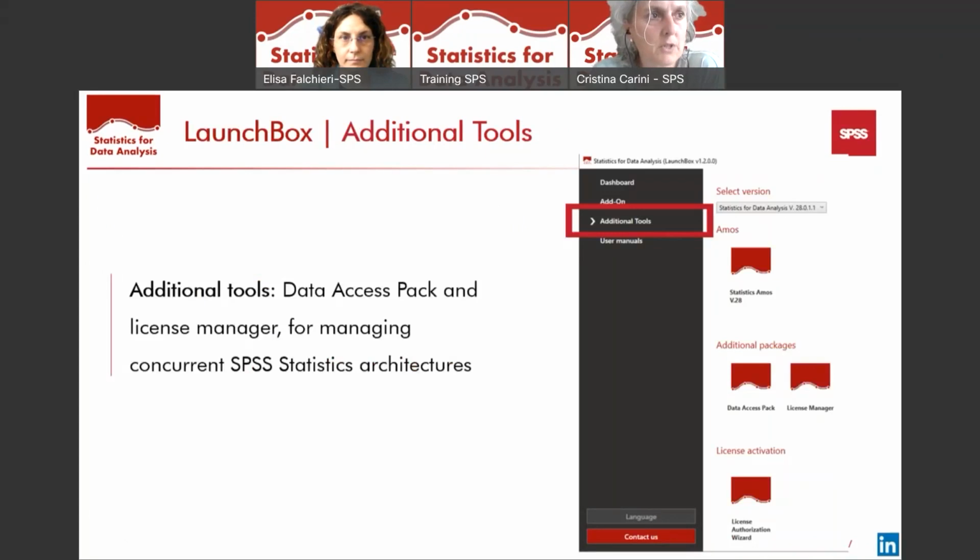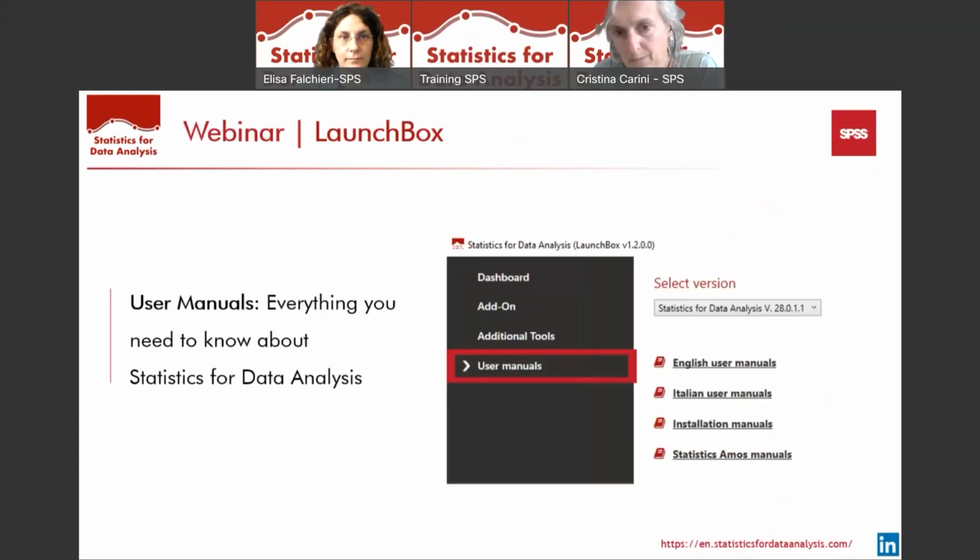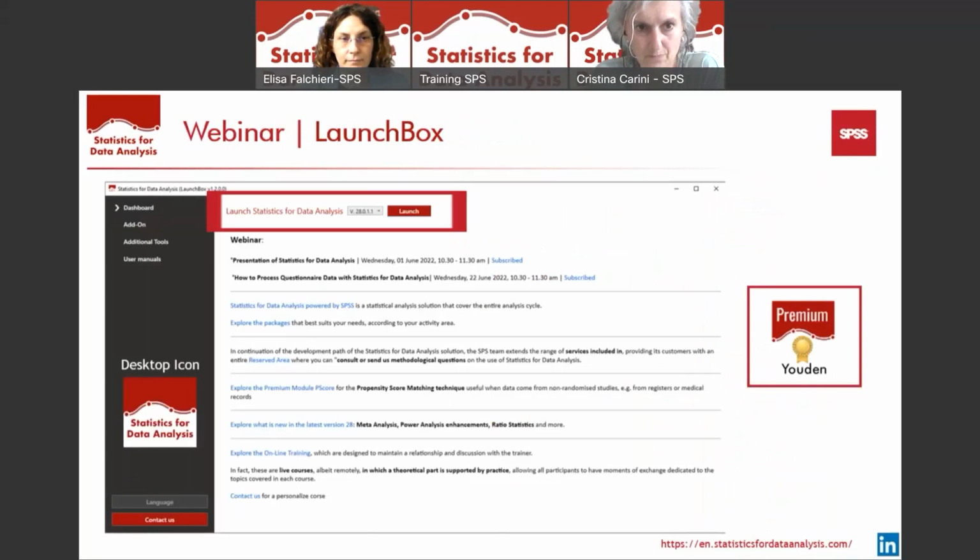From the LaunchBox, you find some additional tools, such as the Data Access Pack and License Manager for managing the concurrent architecture of SPSS statistics, and the user manual in English, of course. From the LaunchBox, you can activate the last 3 versions of SPSS available.